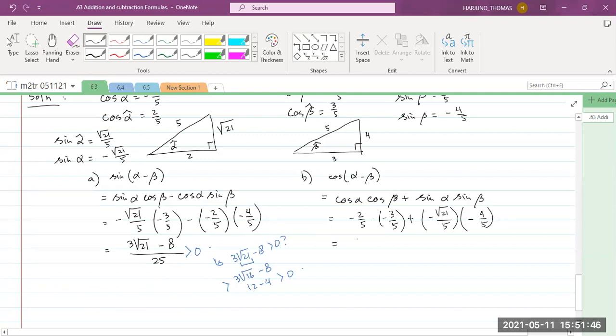Oh, this is positive. This is 6 plus 4 square root of 21 over 25. Okay, this is definitely positive.